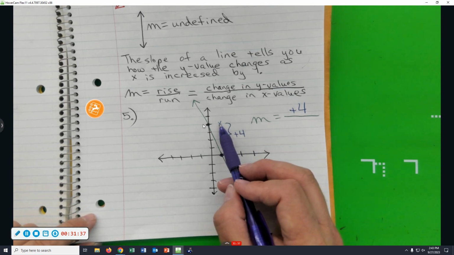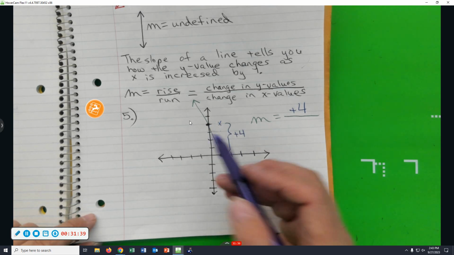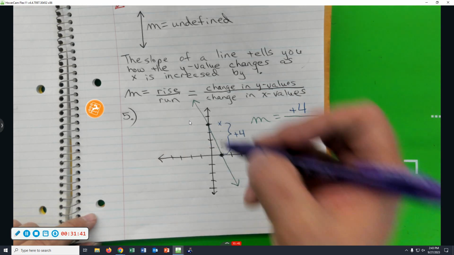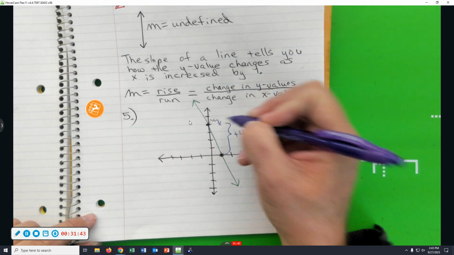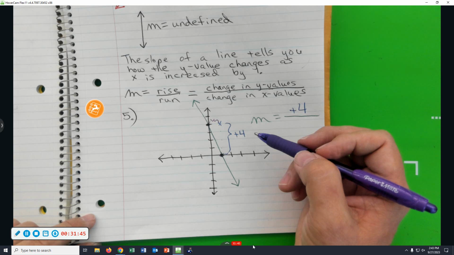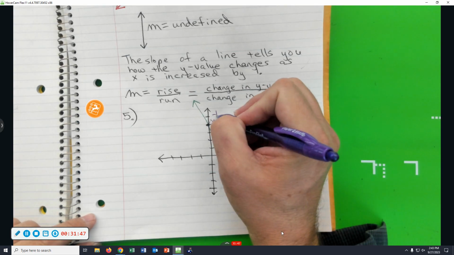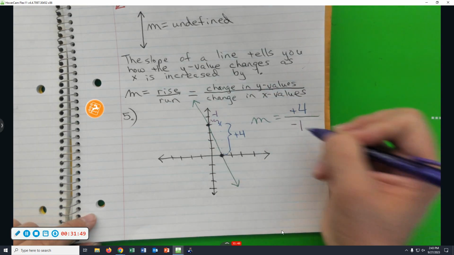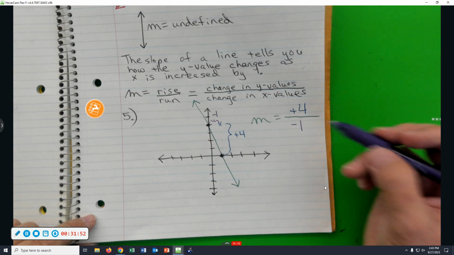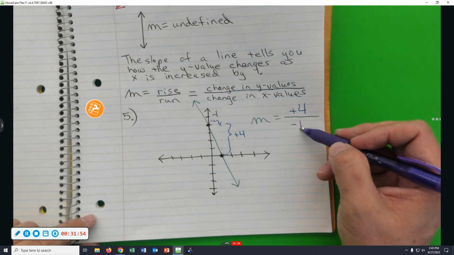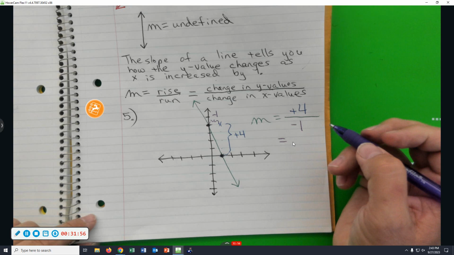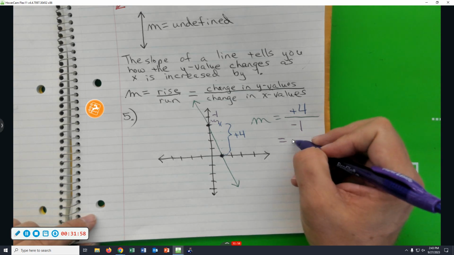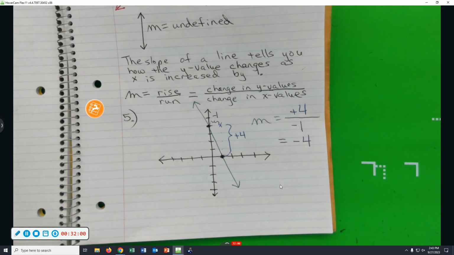No. So I move left, that's towards the negative direction. I have a run of negative 1. Positive 4 divided by negative 1, sure enough, that gives me a negative slope. The slope is negative 4.